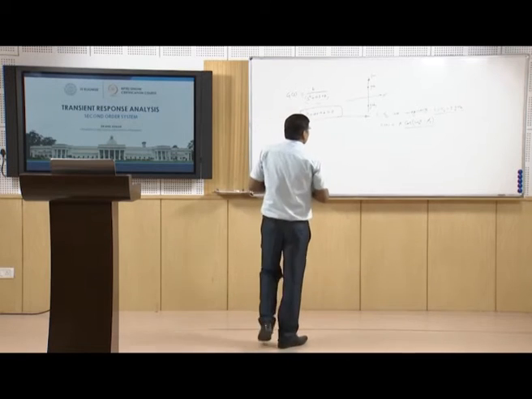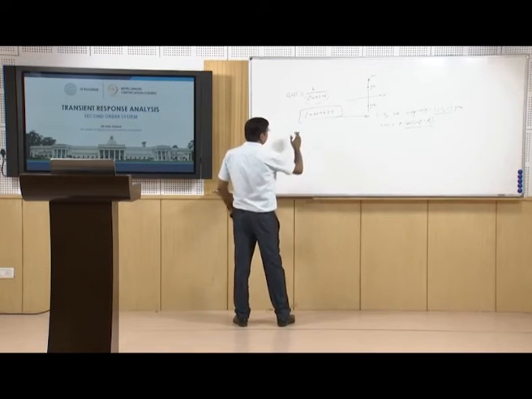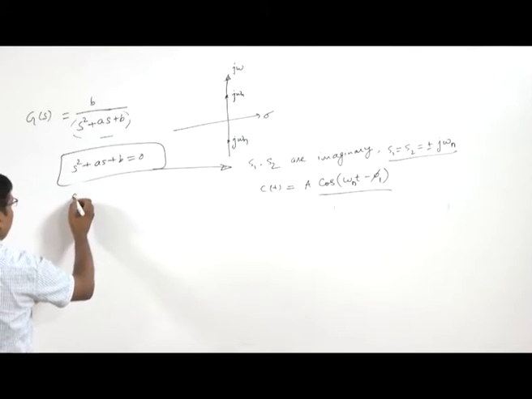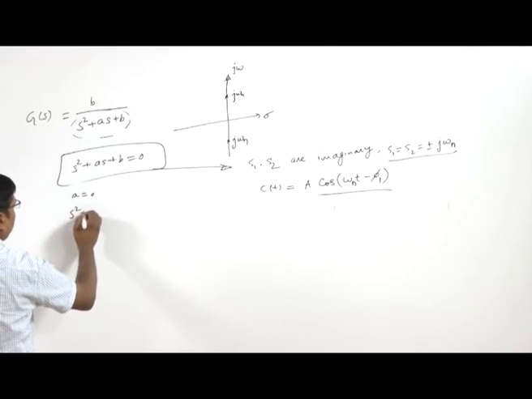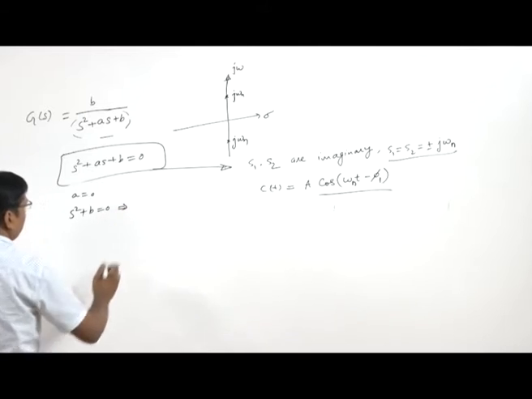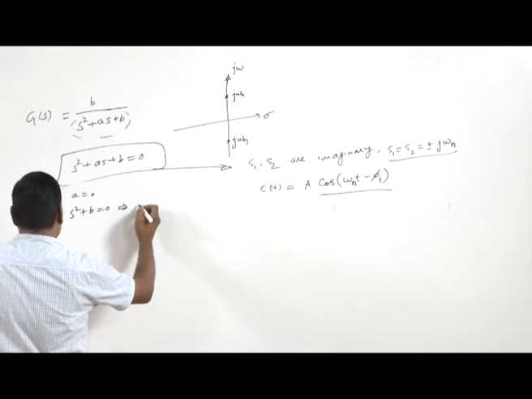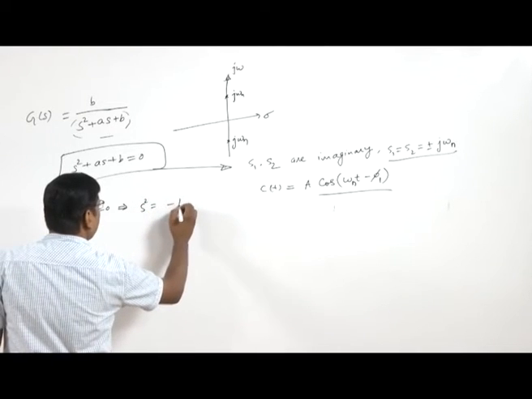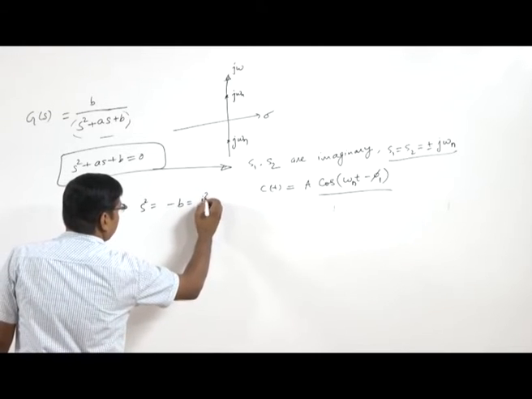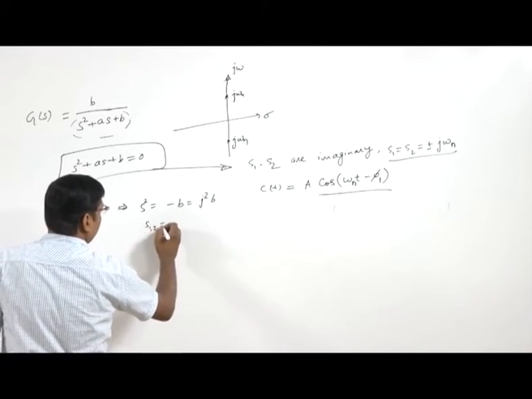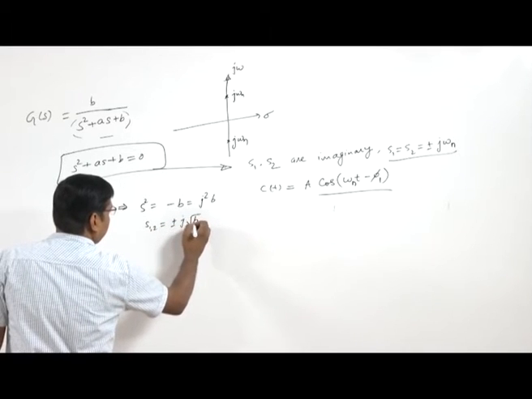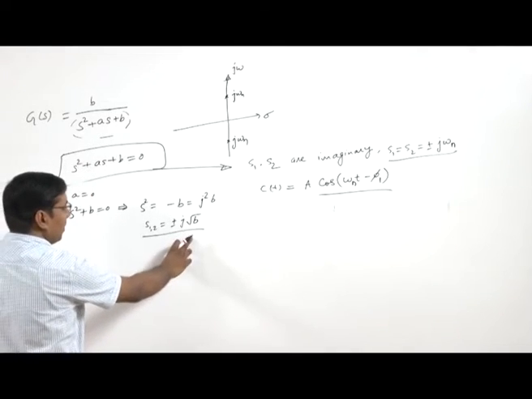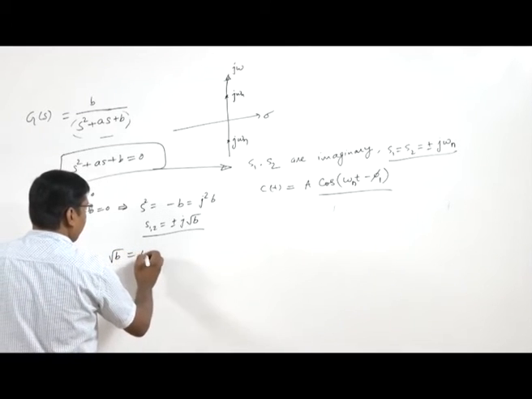So this is called the natural frequency, and we can have it when a equal to 0, we will have s square plus b equal to 0. This means s square equal to minus b equal to j square b. So s1, s2 equal to plus minus j root b. So we see that root b equal to omega n.